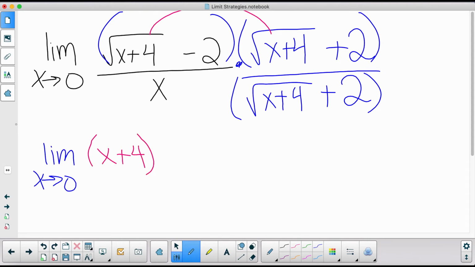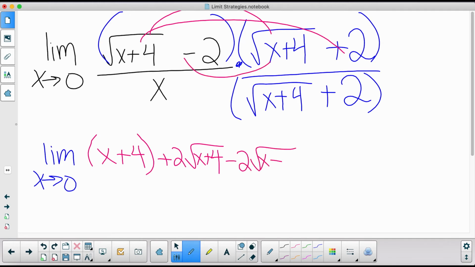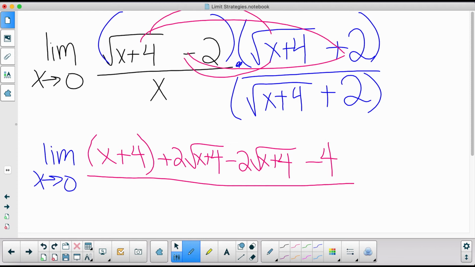Then, square root of x plus 4 times 2 minus 2 times the square root of x plus 4, negative 2 times positive 2, negative 4, all over x times the square root of x plus 4 plus 2.